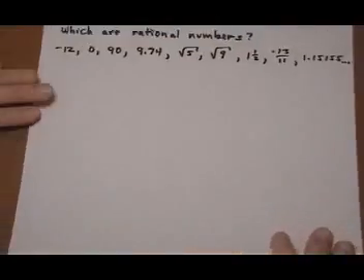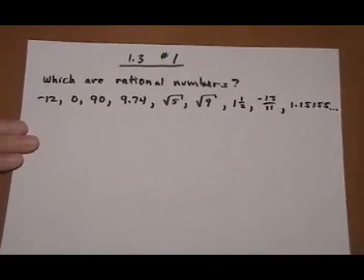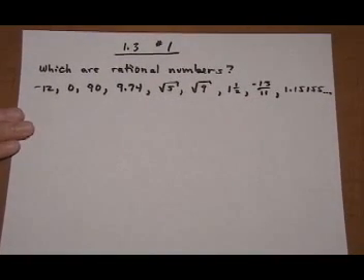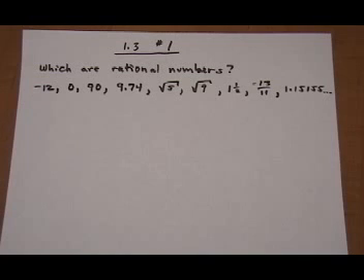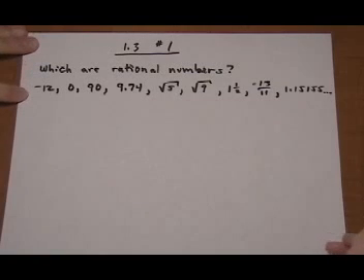All right, so let's keep those definitions in mind and pick out the rational numbers from this list. Again, what we want to do here is pick out any number that could be written as a ratio of integers. Then it will be rational.